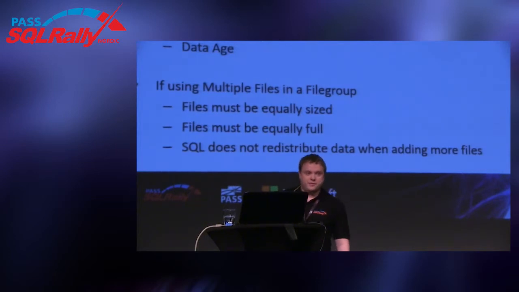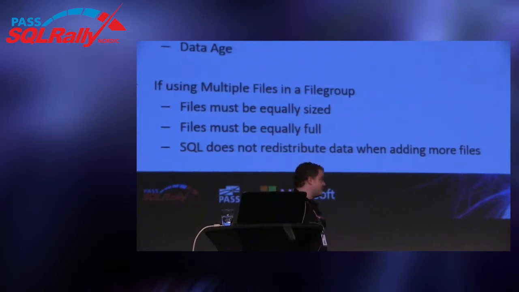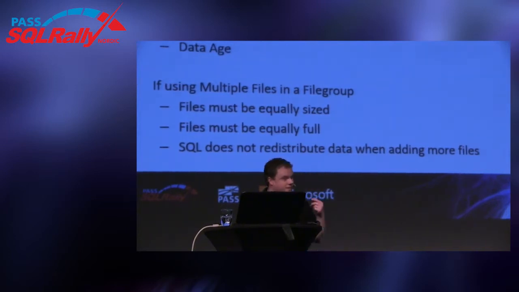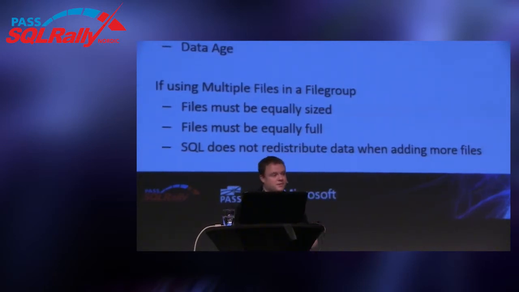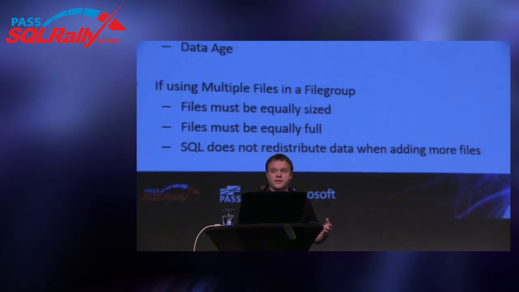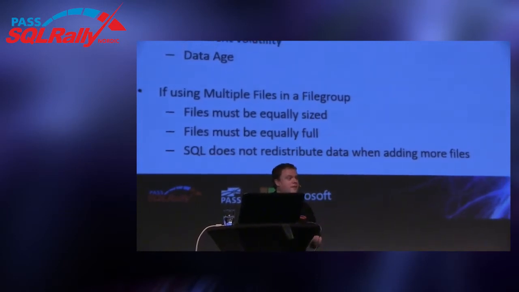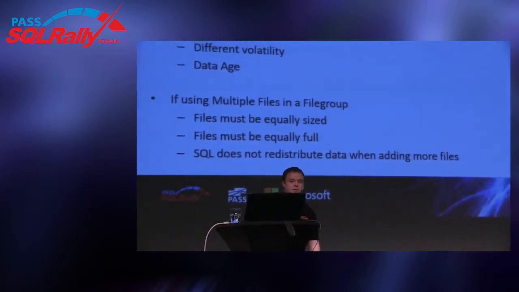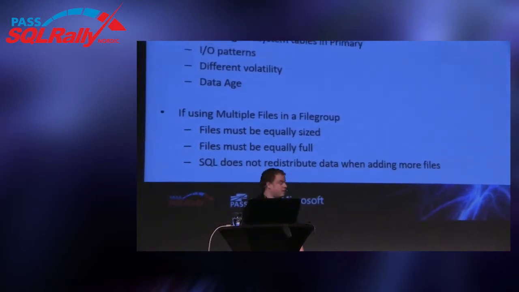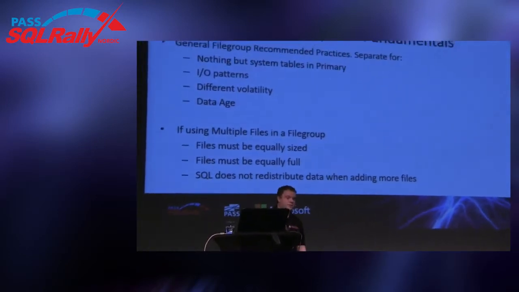If you're using multiple files in a file group, the files must be equally sized, they must be equally full, and SQL does not redistribute data automatically when you add a new file into a file group. So that's very important if you want to take away some of this stuff and start applying it in your own environment. There's a little bit of planning involved to get the data actually spread across the files. The reason you want to do that is that there's a round-robin algorithm.